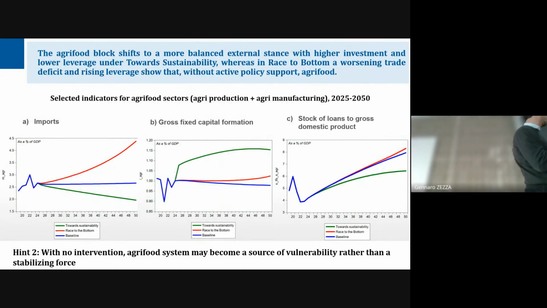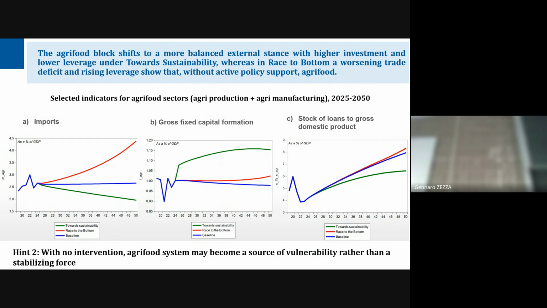When we look specifically at the agri-food sector, a preliminary result is that with no intervention, so leaving things as they are, the agri-food system may become a sort of unsustainable, in the sense that there is an increase, for example, of loans required by the agri-food sector.